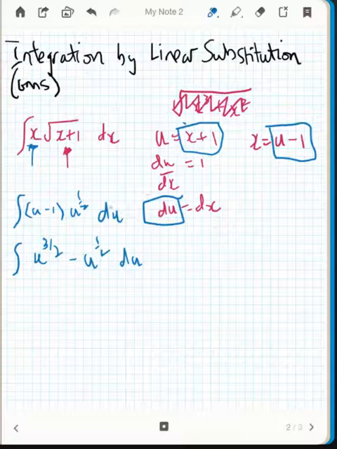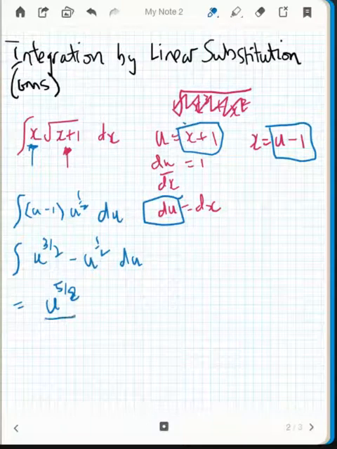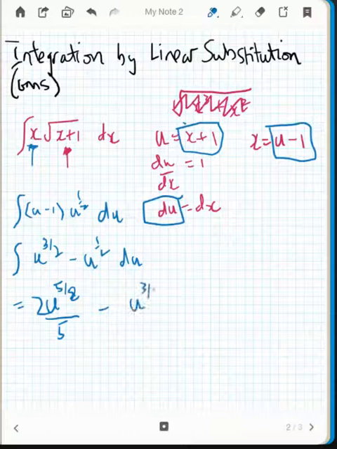And now I can integrate that. It's going to equal u to the 5 on 2 divided by 5 on 2 minus u to the 3 on 2 divided by 3 on 2 plus some constant c.